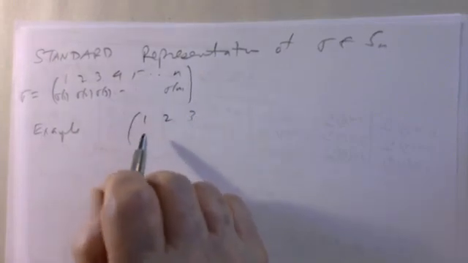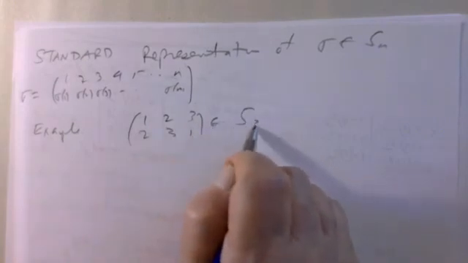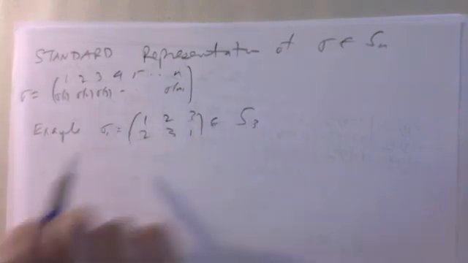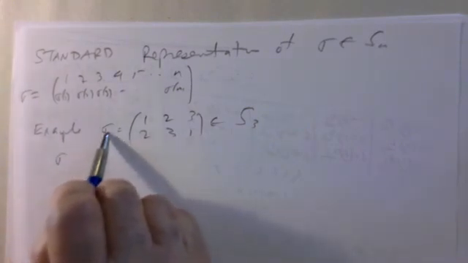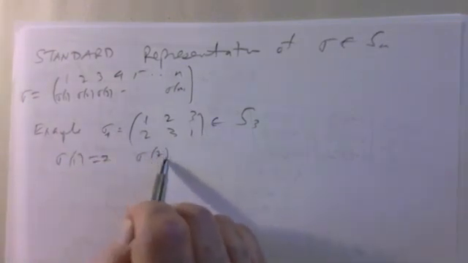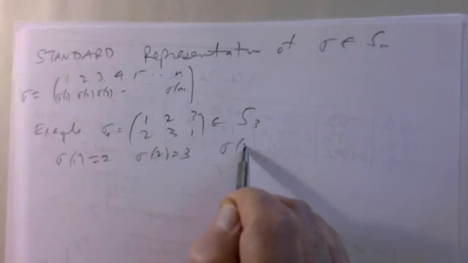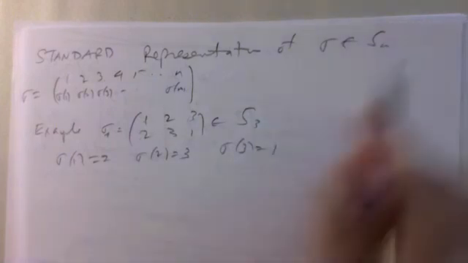So for example, if I look at this, 1, 2, 3 over 2, 3, 1, this is a permutation in S3. And this means that sigma of 1 is 2, sigma of 2 is 3, sigma of 3 is 1. So this is the standard representation of a permutation.